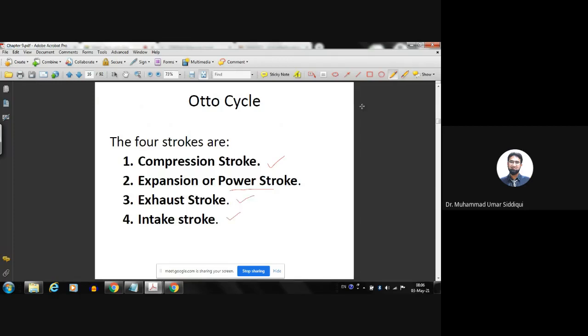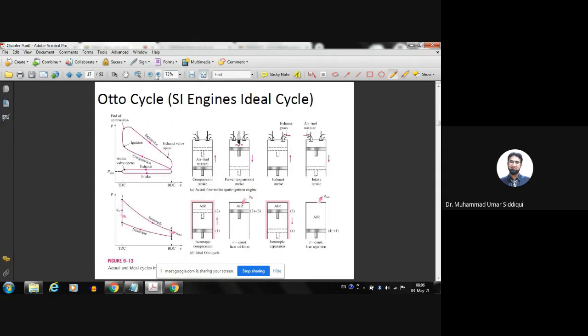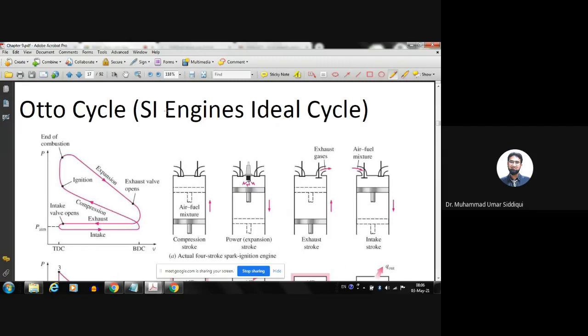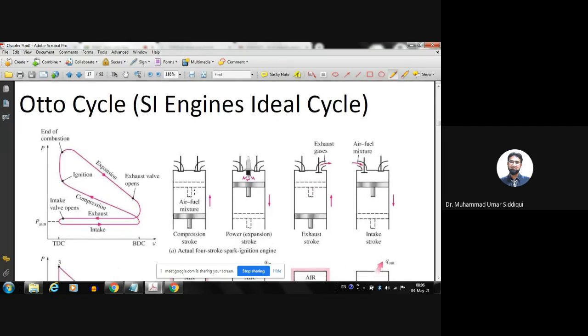Okay, so let's have a look at these strokes in a bit more detail. Let's say we start from the state when the piston is at the bottom dead center, and the cylinder is filled with an air-fuel mixture.